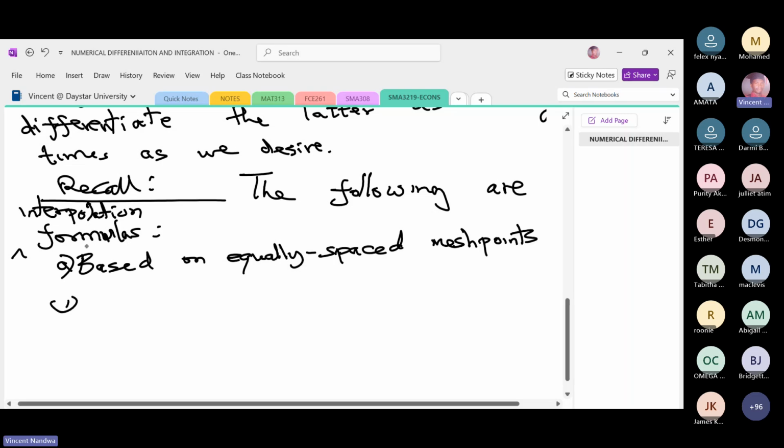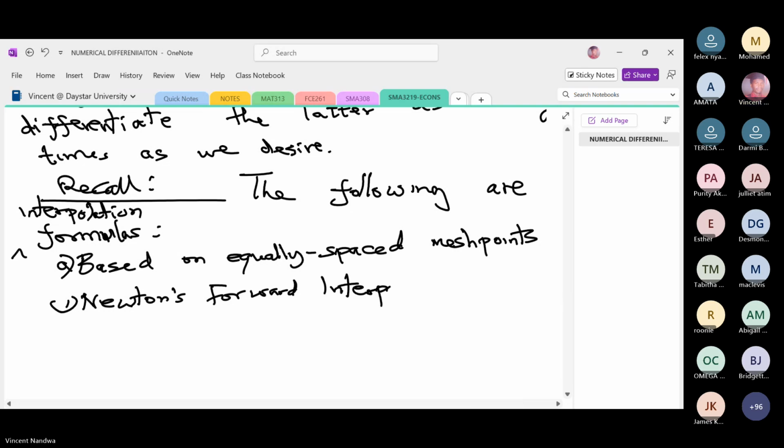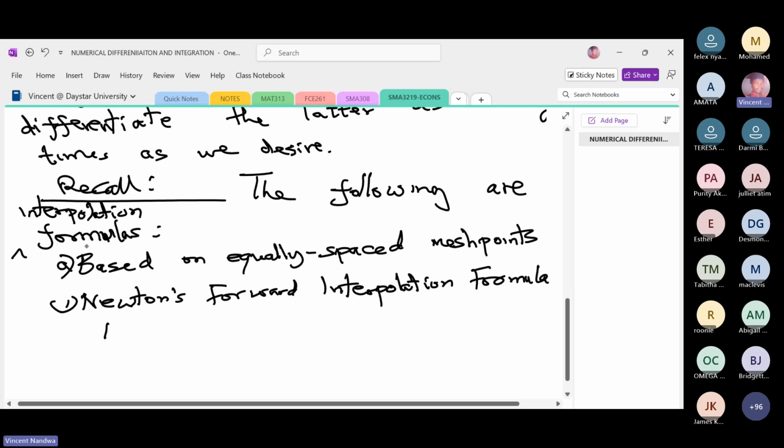One, we have the Newton forward interpolation formula, NFIF, or sometimes people call it Newton's forward difference formula. The term interpolation can be replaced by difference.